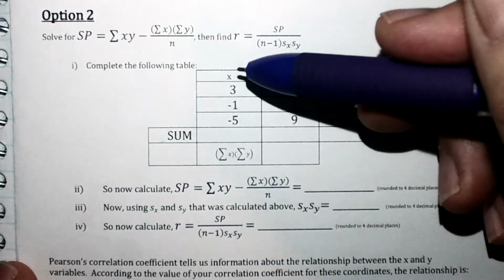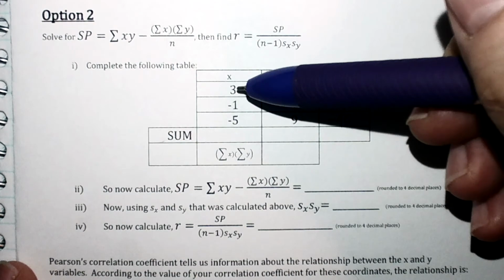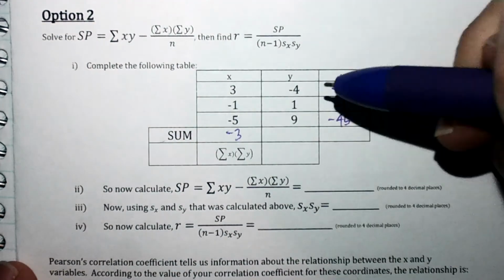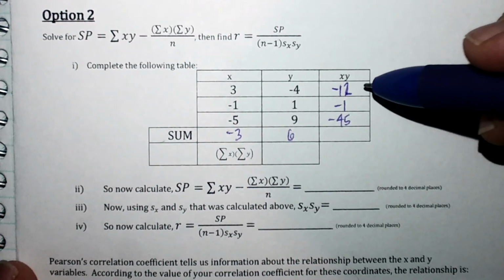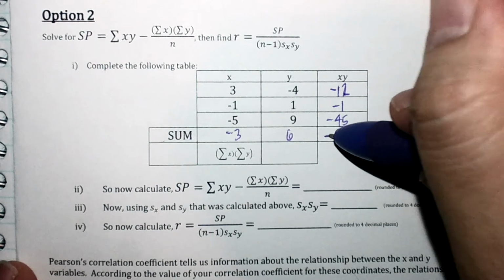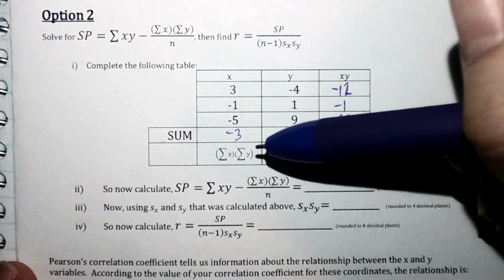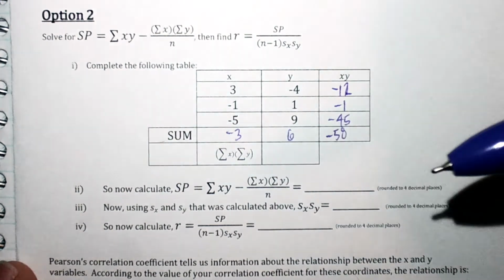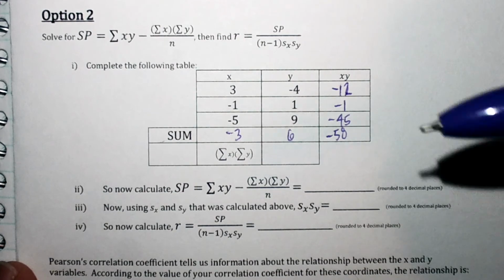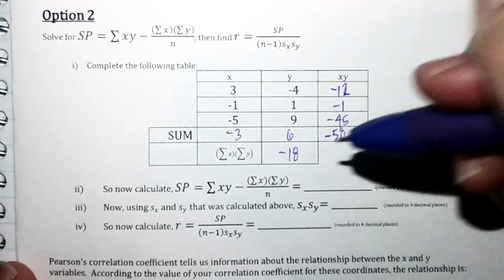And then we have a sum of x's, sum of y's, and the sum of xy. So when we add 3 plus negative 1 plus negative 5, we get negative 3. Negative 12 plus negative 1 plus negative 45 is negative 58. And then when we multiply the sum of x times the sum of y, and sorry about that weird parentheses there, we get negative 3 times 6, which is negative 18.